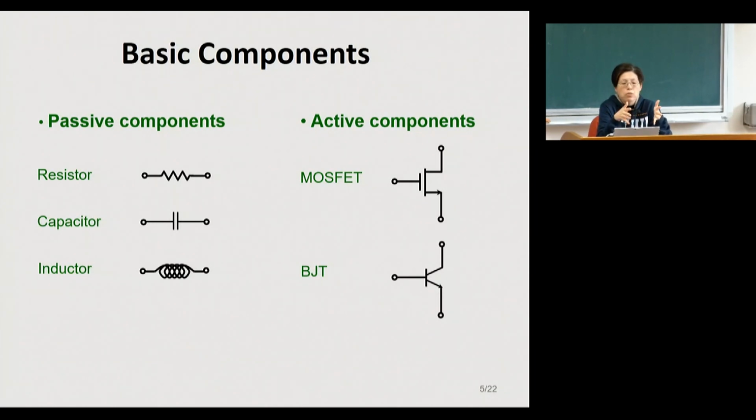We have already talked about the passive components, typically the resistors, capacitors, and inductors. When I inject current into a resistor, where does this power go?